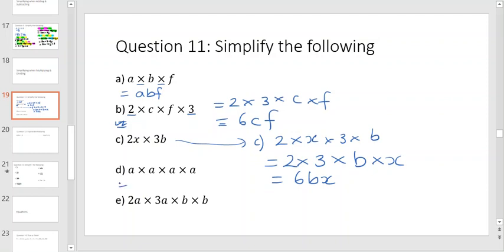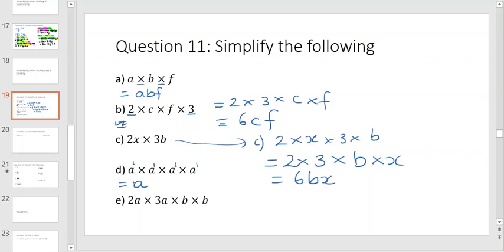For D, now whenever you see the same letter, the same base, I should say pronumeral, this is where powers come in. So remember, in this case, we would have the base A, and there are 4 A's. We are really adding the ones that are invisible, the power ones, but we'll learn the index laws. You may have learned the index laws or you may haven't.